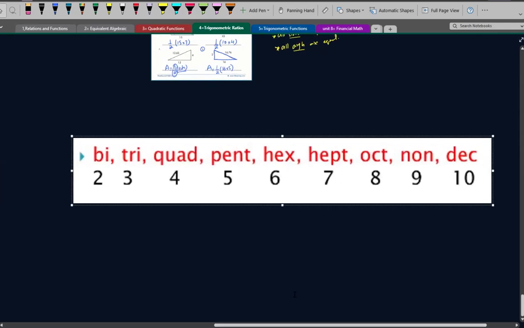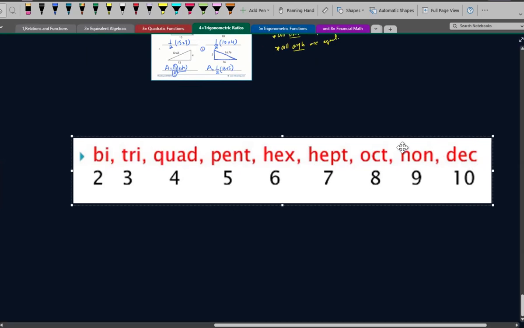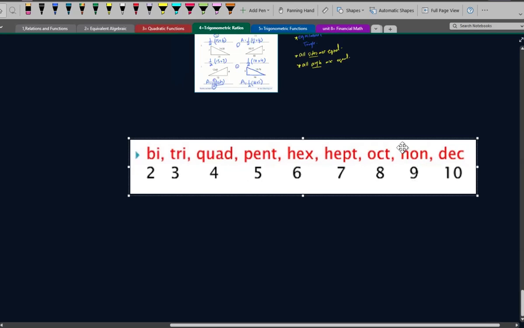Bi, tri, quad, penta, hexa, hepta, octa, nano, deca. Let's try once again, from tri to deca. Tri, quad, penta, hexa, hepta, octa, nona, deca.